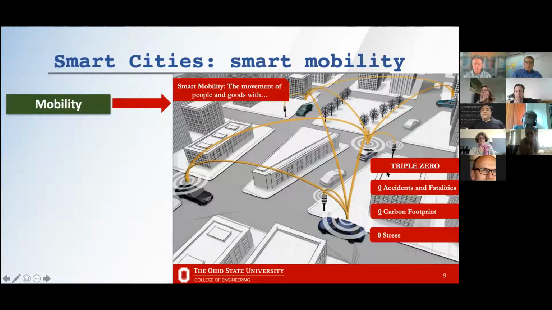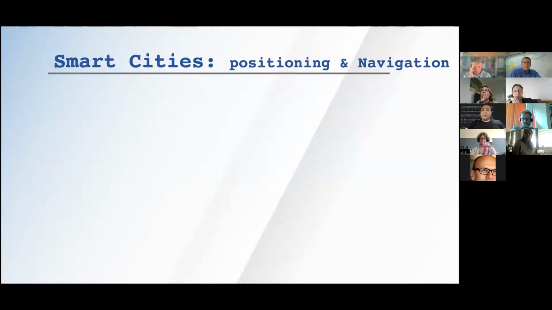If we have a perfect smart mobility, it makes accidents on the road zero, carbon footprint zero, and the level of stress in the cities zero. So that is the triple zeros that we have when we have a perfect smart mobility in smart cities.